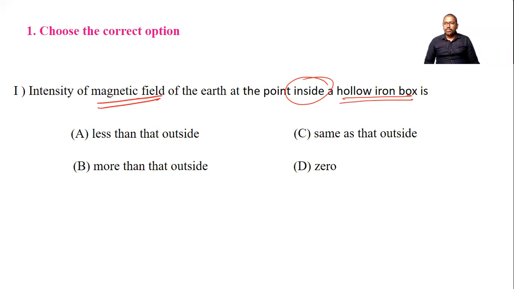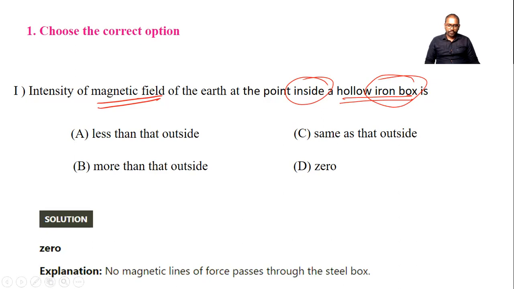Magnetic lines of force pass through insulator but do not pass through conductor. So this iron box is a conductor. So no magnetic lines of force inside the iron box. Therefore we can say that there is no intensity, meaning the intensity of magnetic field inside this iron box is zero.